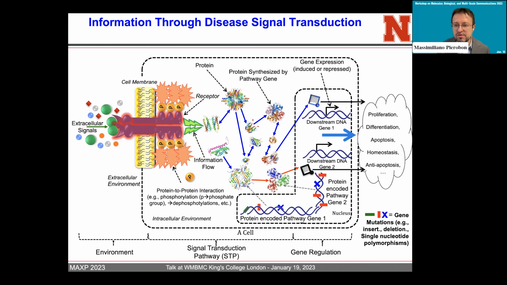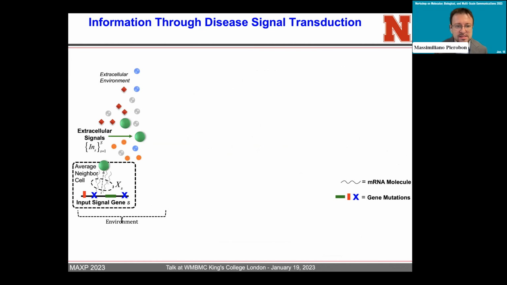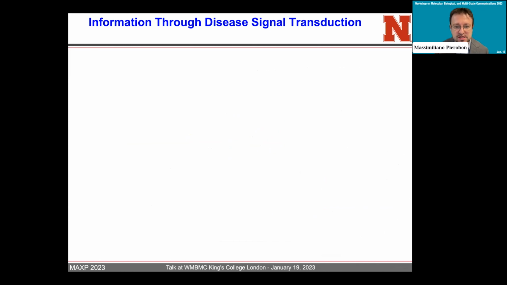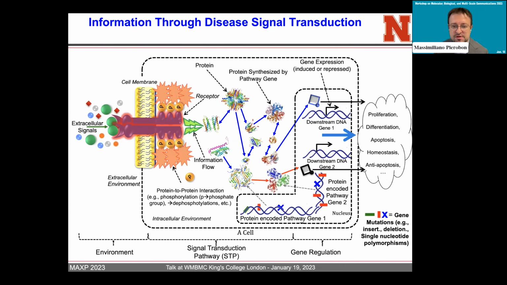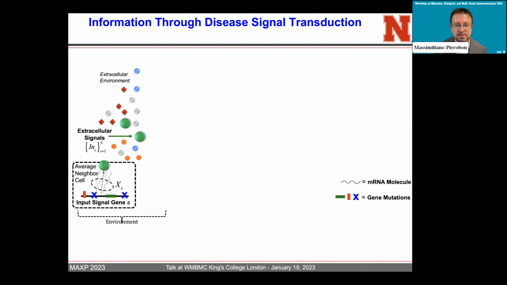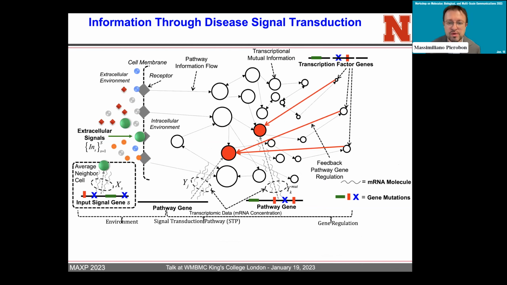And indeed, what we found out is that if we look at this not from the point of view of the chemistry, which is extremely complex, but from the point of view of information flow, we can define network nodes and we can define links.